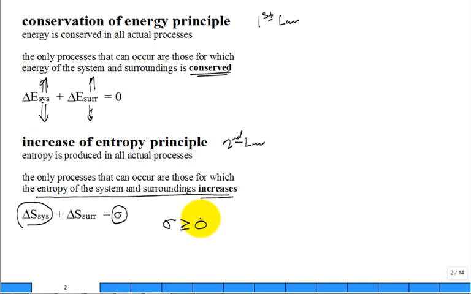We put that to zero. But in the real case, it's greater than zero. This doesn't say that the entropy of the system always goes up. It could go down, but then the surroundings has to increase by more to compensate. The sum of them has to be greater than or equal to zero. Sigma cannot be negative.